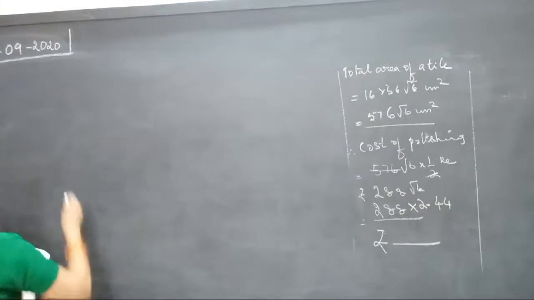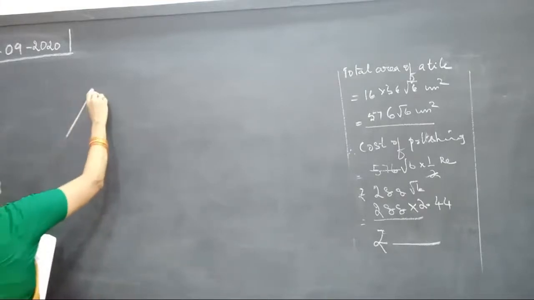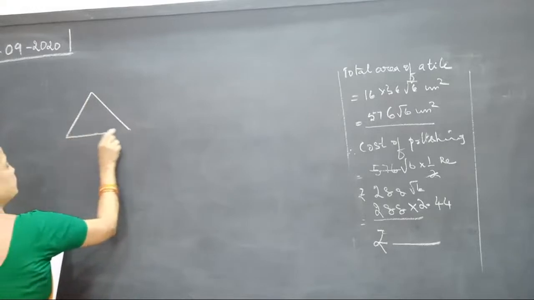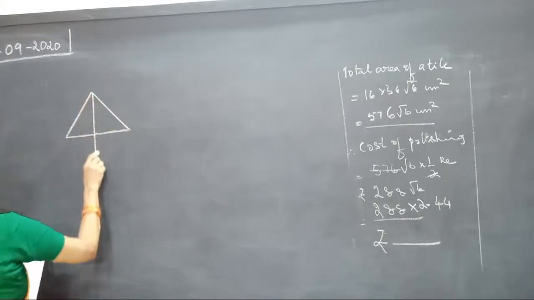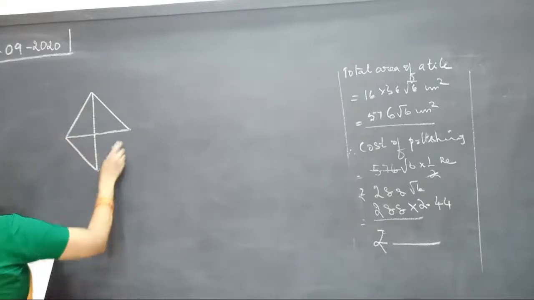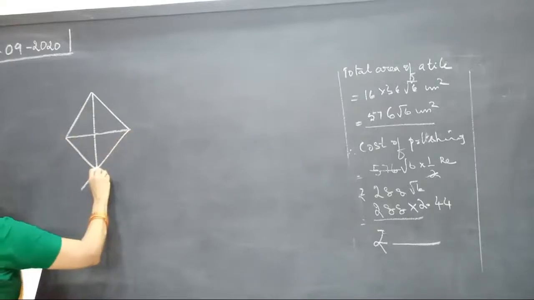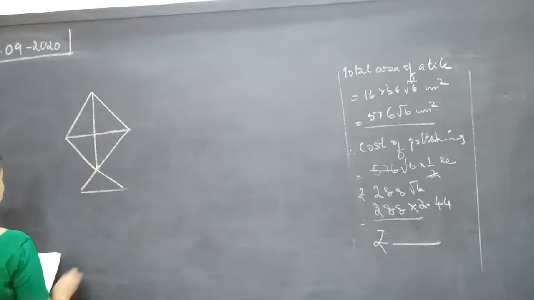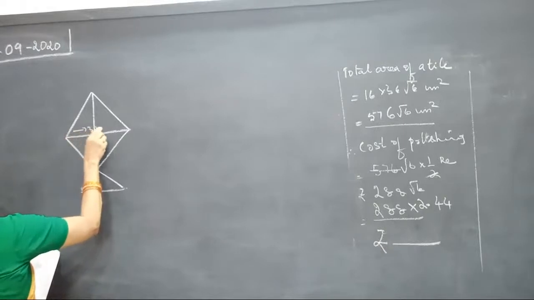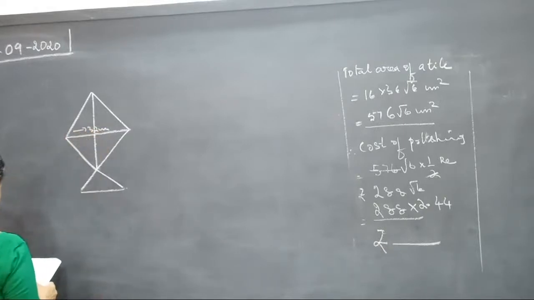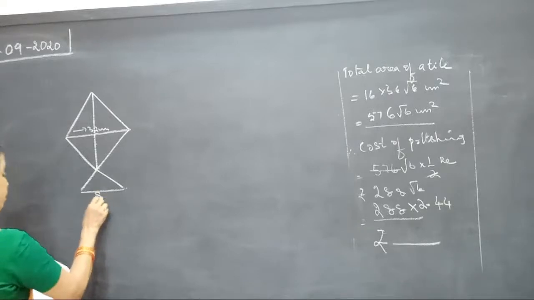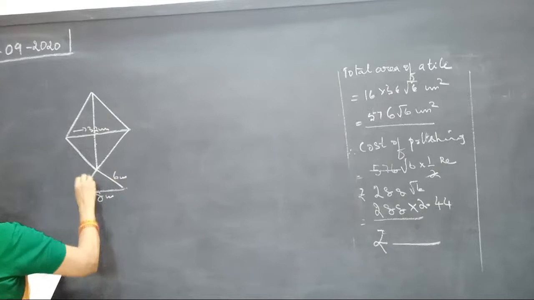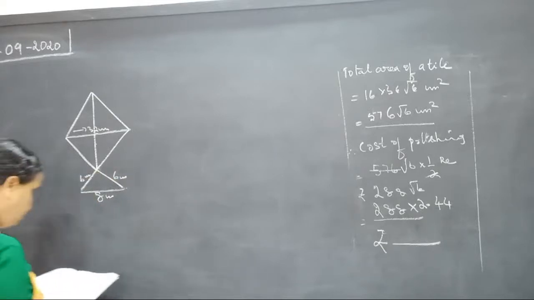Get the figure. Don't consider it is a rhombus, it is a square. Diagonal 32 centimeter and base 8 centimeter, 6 centimeter, 6 centimeter.